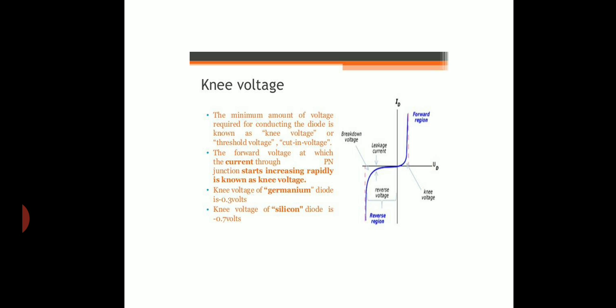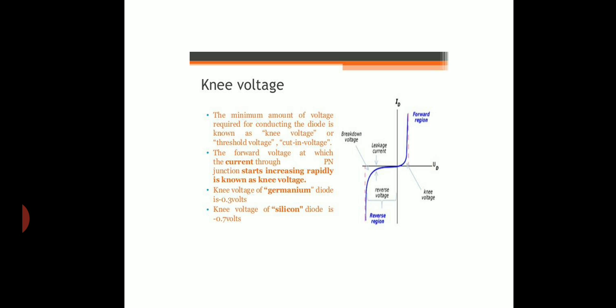Knee voltage. So in the figure, knee voltage is shown in the forward biased region. The minimum amount of voltage required for conducting the diode is known as knee voltage or threshold voltage or cut-in voltage. So it is the minimum amount of voltage given to the diode for forward conduction.